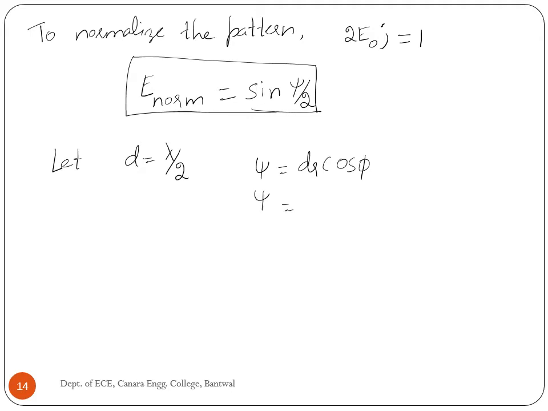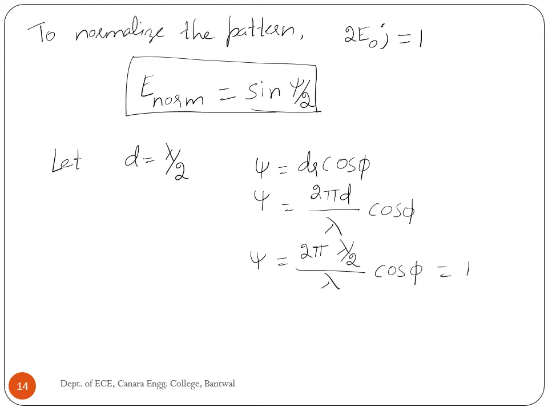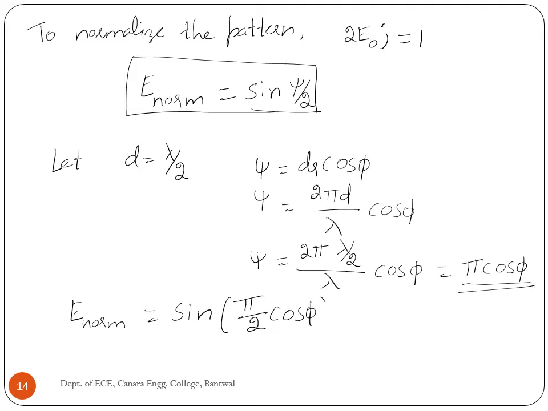So xi equal to 2 pi d by lambda cos phi. Therefore, 2 pi d is lambda by 2 divided by lambda cos phi, which is equal to pi cos phi. Hence, normalized field is equal to sine of pi by 2 cos phi.